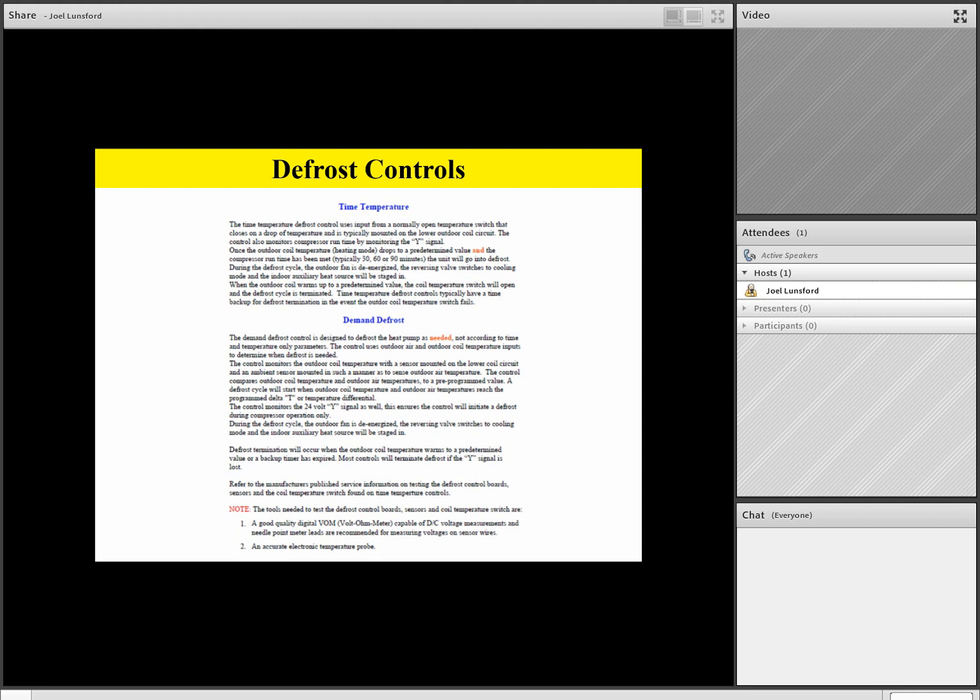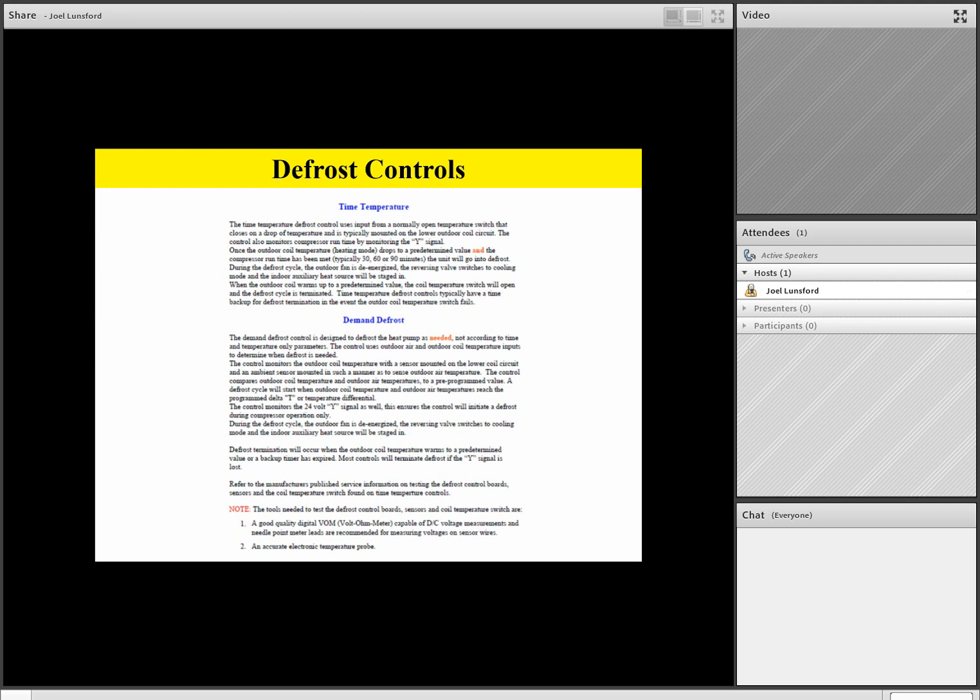And just like all defrost controls, once the temperatures are met for defrost, the demand defrost control will shut the outdoor fan off, energize the reversing valve in cooling mode of operation, and then energize the auxiliary heat so we don't overcool the conditioned space.